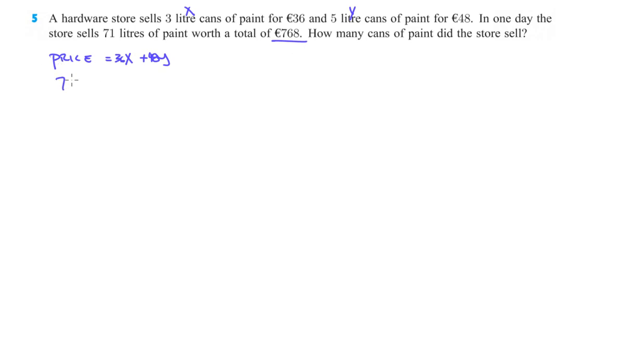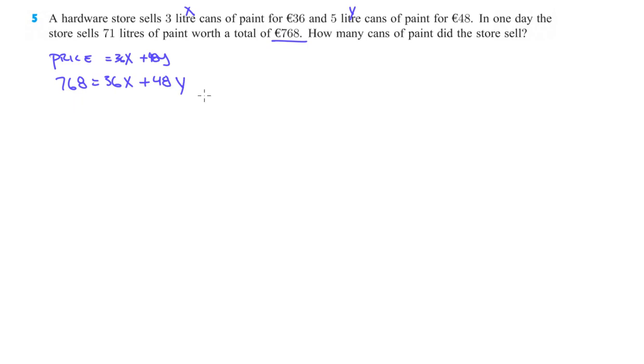So we know that 768 is going to equal 36 times the total number of 3-liter paint cans sold, plus 48 times the total number of 5-liter cans sold, right?